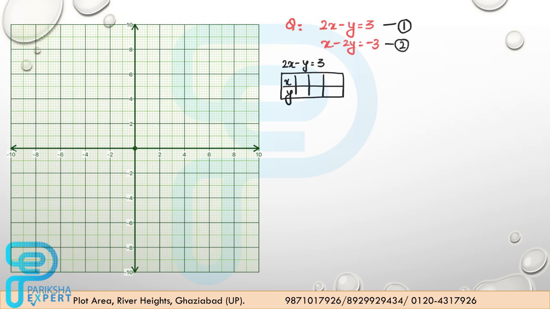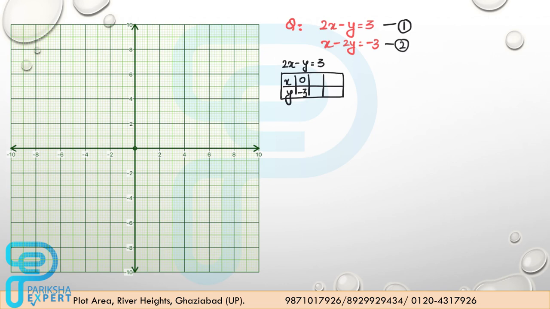Now, in order to plot a graph, what we do is we take some arbitrary values either for x or y and then find the other value for the variable. Now let us say, for example, if I take x is equal to 0 here in the first equation, we get the value of y as minus 3.